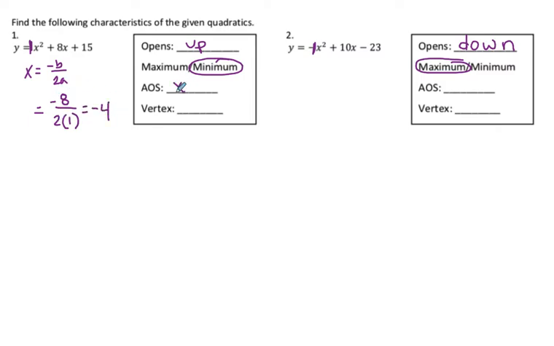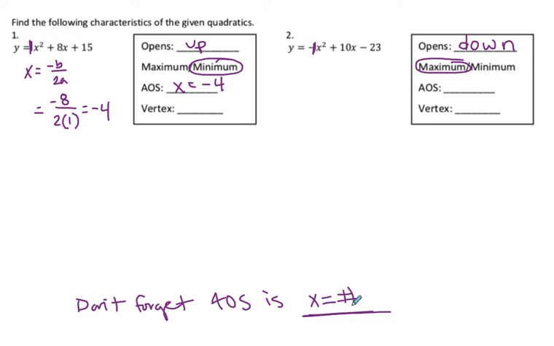So my axis of symmetry is x equals -4. Don't forget the x equals. Axis of symmetry is x equals a number. Don't forget, vertex is an ordered pair, some x, some y.